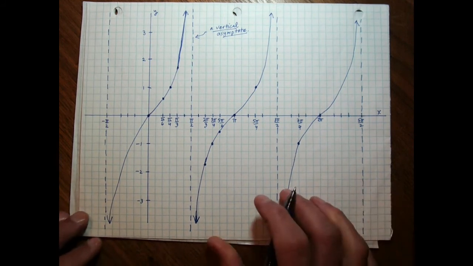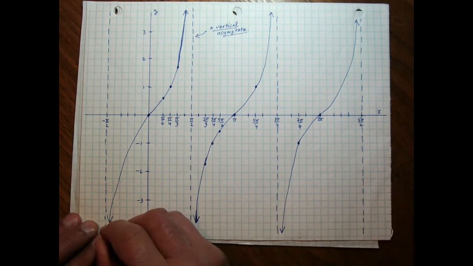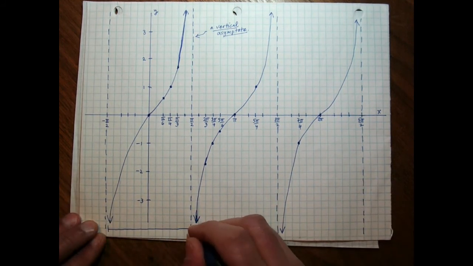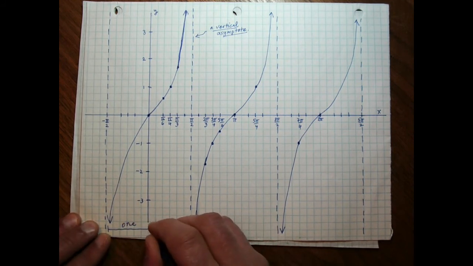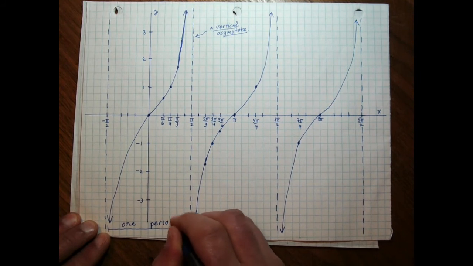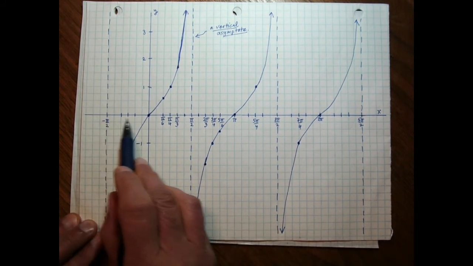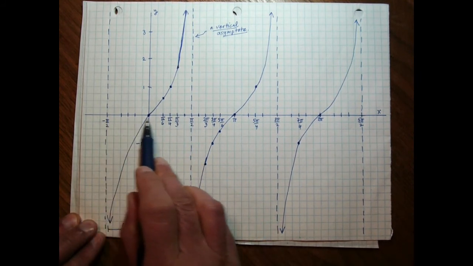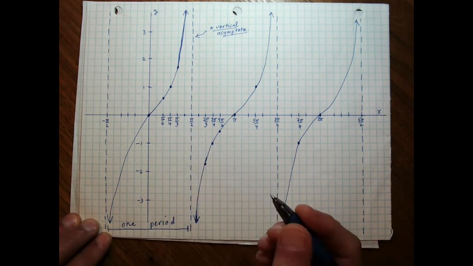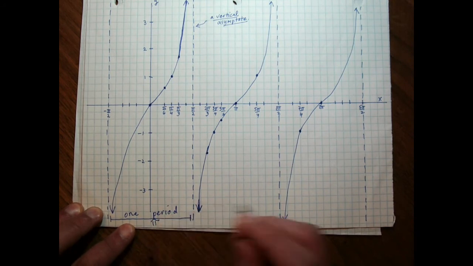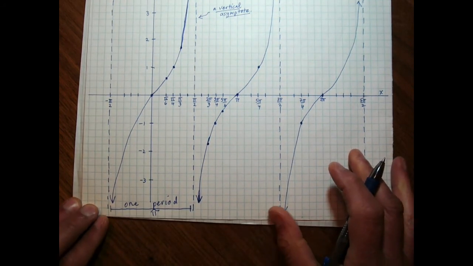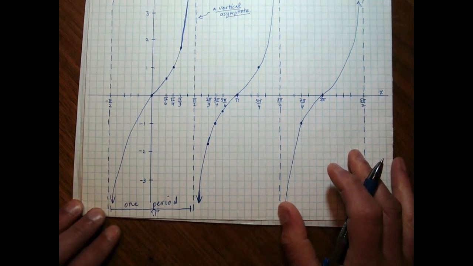It's kind of interesting that one period of tangent is from here to here. From negative pi over 2 to pi over 2, that's actually a distance of pi units. So one period of this graph is pi, and we'll talk more about that as we go on.